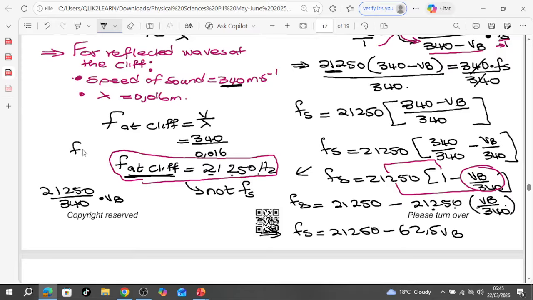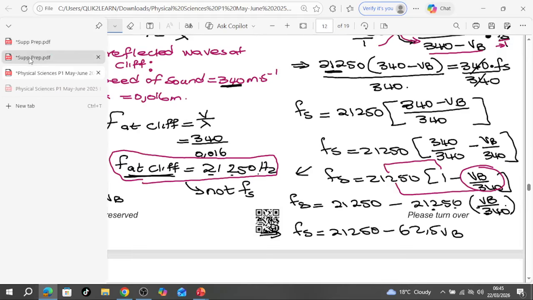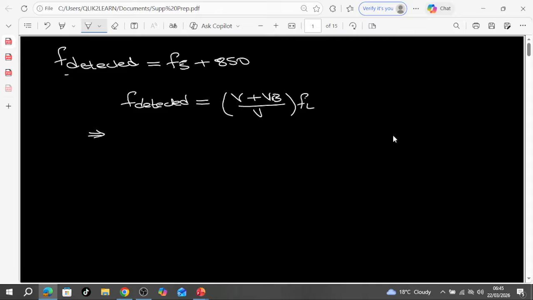So this is my FL, the frequency of the listener. So my FL equals 21250. Okay, I hope everyone is happy with that. So let's do the substitution.